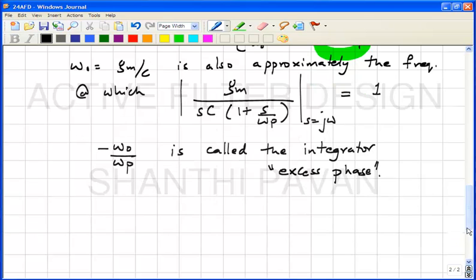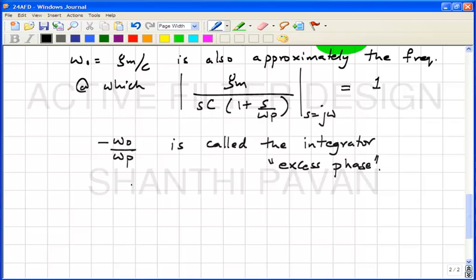Rather, the absolute value of this is called the integrator excess phase.